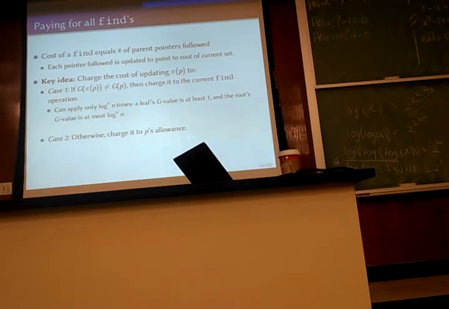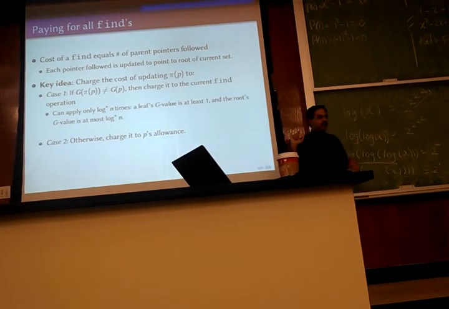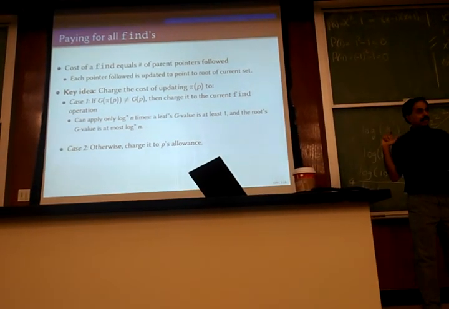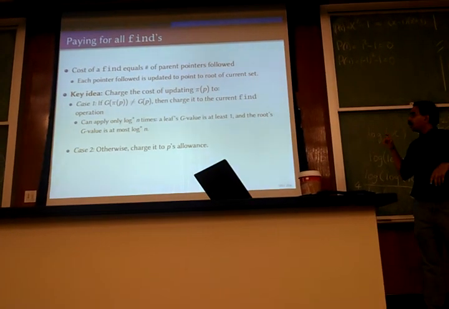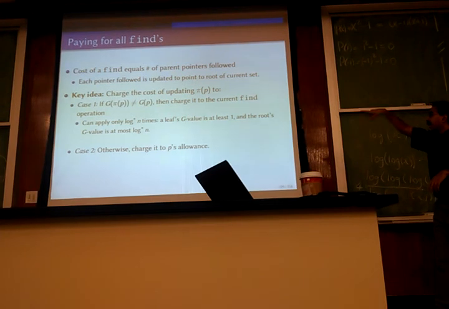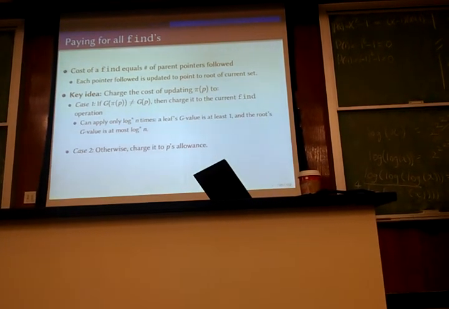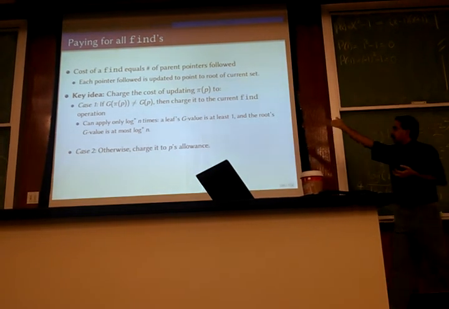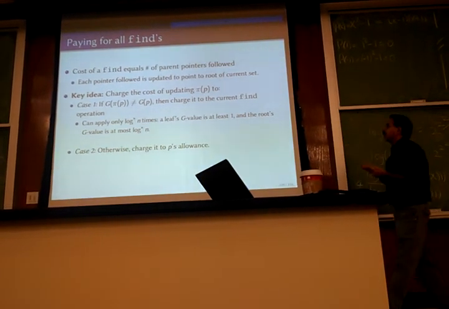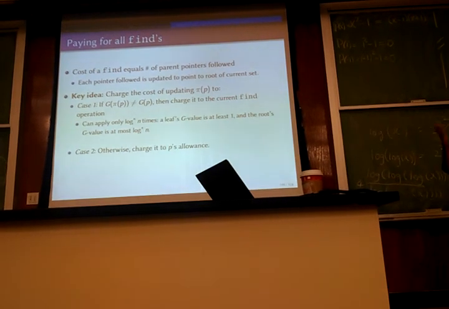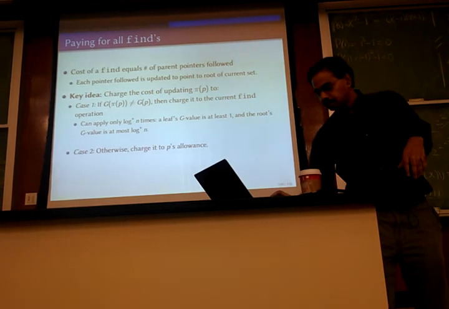So clearly I can say that this step cannot be followed more than log star n times when I do a find. Because the number of distinct G's is so small, the number of times I have a situation where my parent is at a different G is going to be a small number.